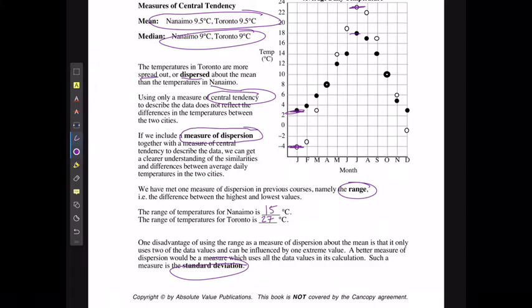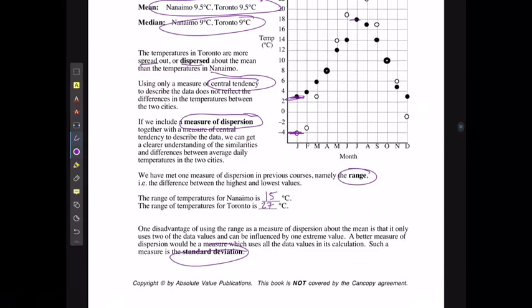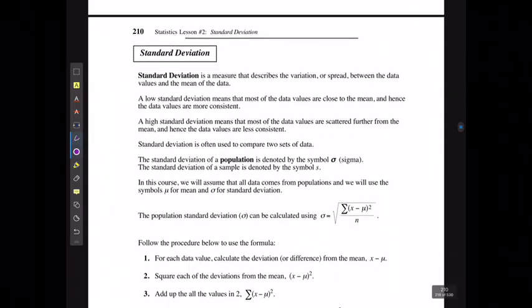It's the same as if I had one really low mark. So if I only look at how spread out the marks are, then it looks like there's much more variety in the marks than there actually is. Really, it's just one outlier. So that's where we use our standard deviation.